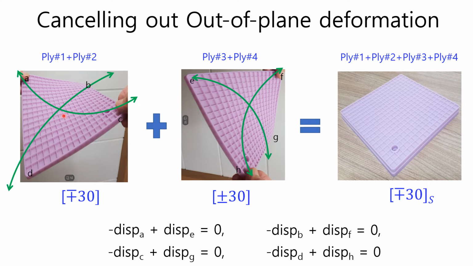As you can see here, displacement A cancels out that of E, and B does F, and C does G, and D does H. As a result, we can be sure that laminate code minus plus 30 symmetry does not produce out-of-plane displacements and just stays flat under the tension force.